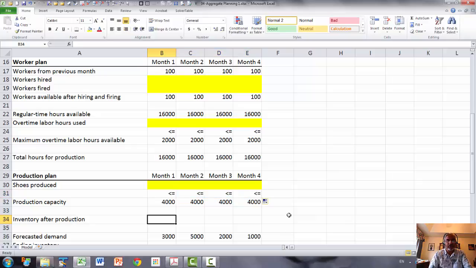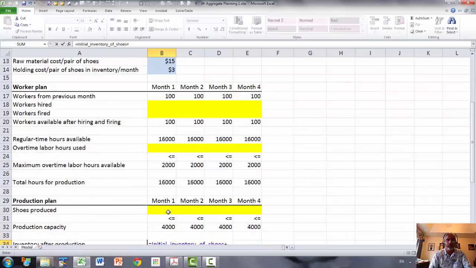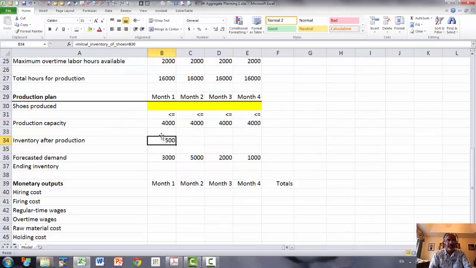Now inventory after production, for the very first month, will be the initial inventory of shoes plus how many units of shoes will be produced. Then we have the forecasted demand, which is given.